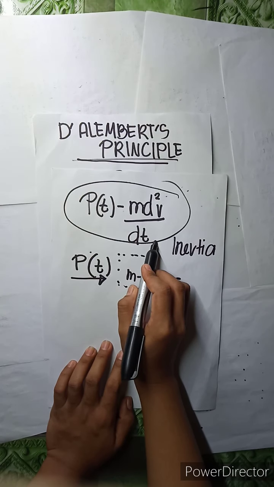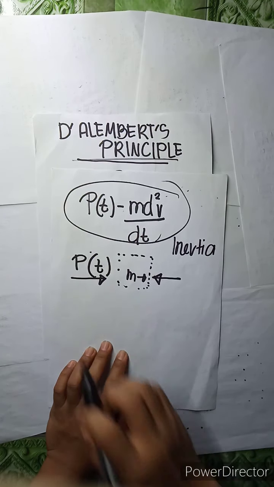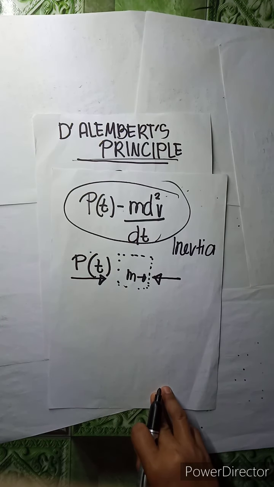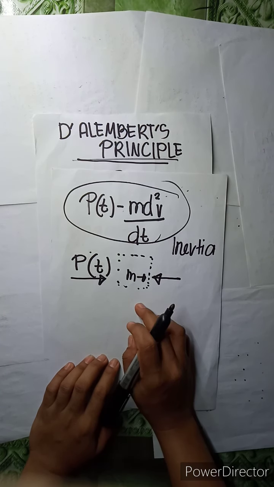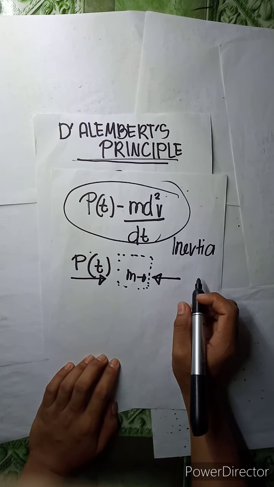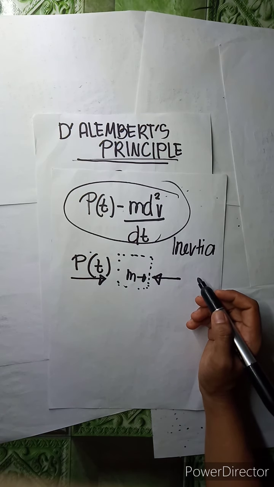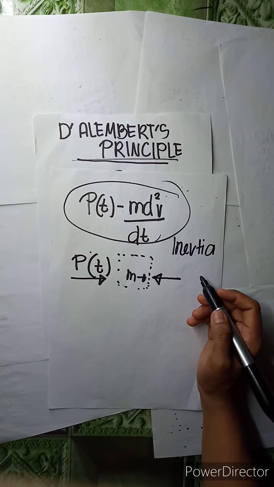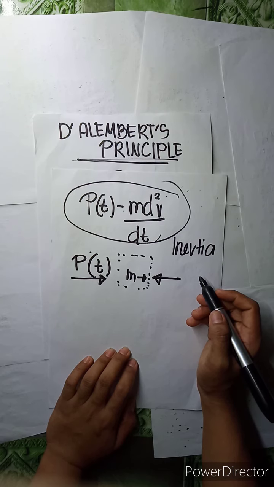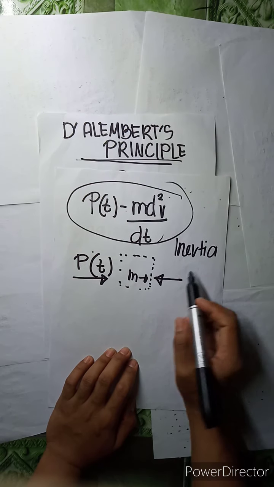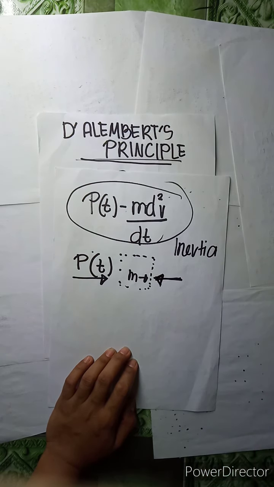So this equation is the equilibrium principle with mass times acceleration, and it is called inertia force. And so D'Alembert's principle is a concept where there is an inertia force, which is always the system's mass times acceleration itself in the opposite direction.